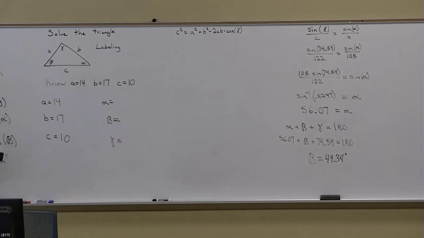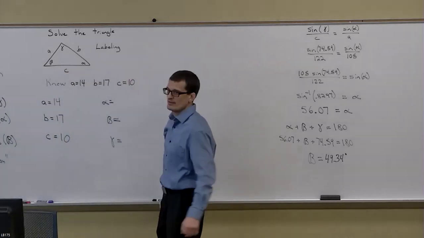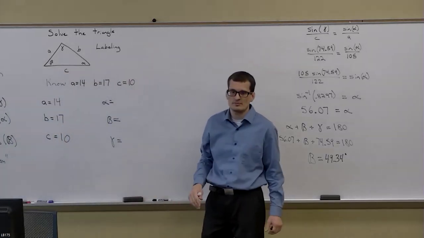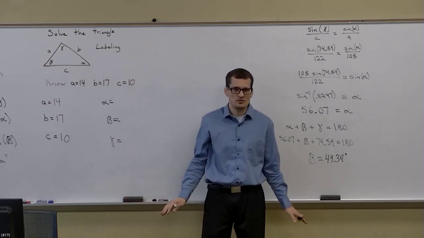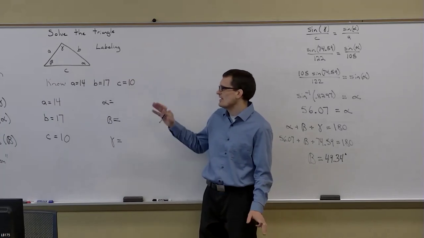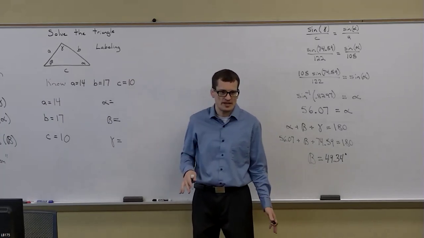Now, do you want to use gamma again, or do you want to use one or the other? Doesn't matter, that's all the same, right? I'll use a different one just because that'll be more confusing in your notes, right? You can use whatever one you want. You can use the one where it involves gamma, the one where it involves alpha, or the one where it involves beta.